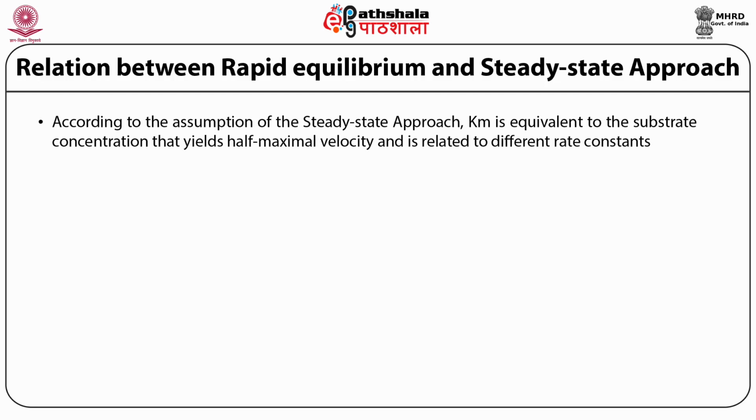Km is equivalent to the substrate concentration that yields half maximum velocity, and it is related to different rate constants. Km is equal to K minus 1 plus K2 divided by K plus 1. If you solve this, it becomes Km is equal to K minus 1 divided by K plus 1 plus K plus 2 divided by K plus 1.